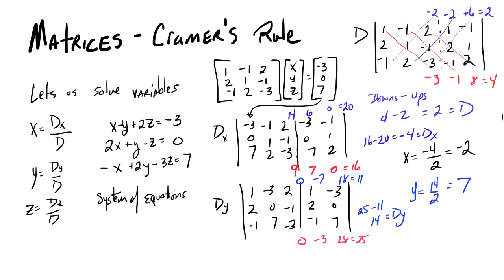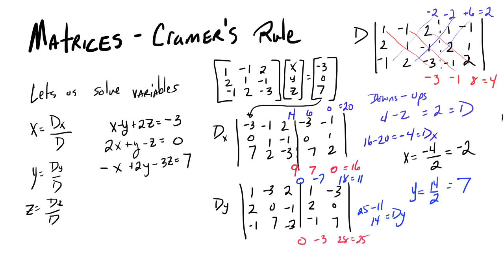Do it again for dz. Okay, for now for the dz. So I copied down the original: 1, 2, -1 and -1, 1, 2. This time I swap out the third column. -3, 0, 7.